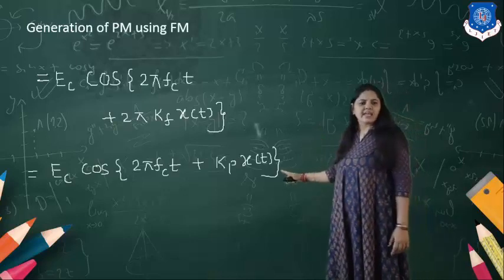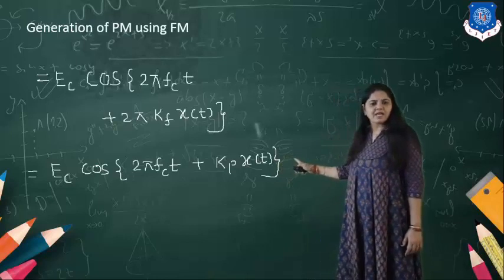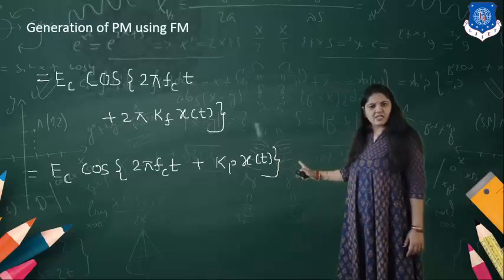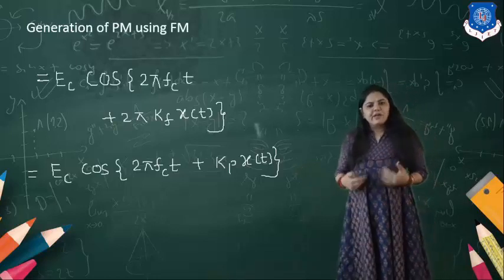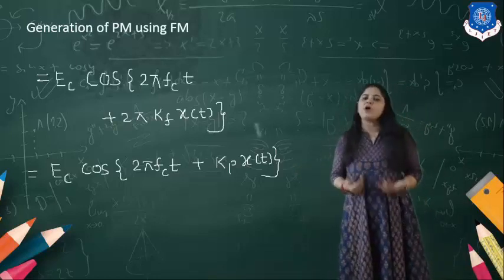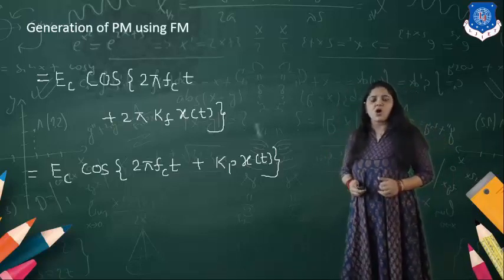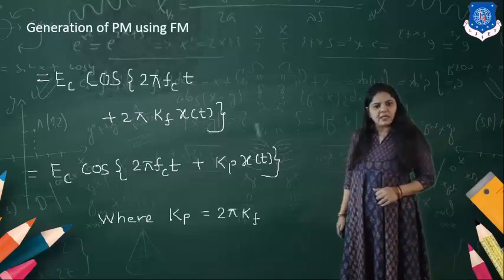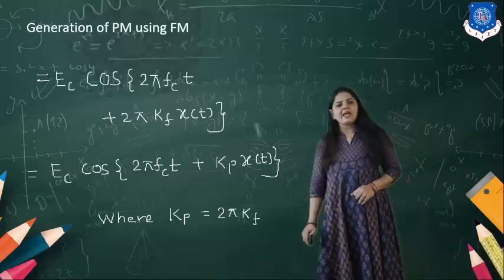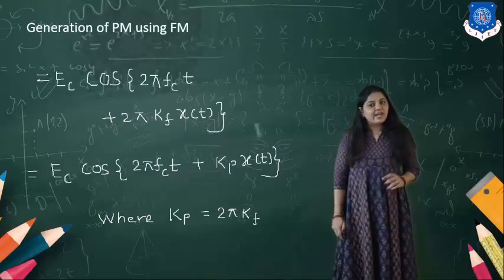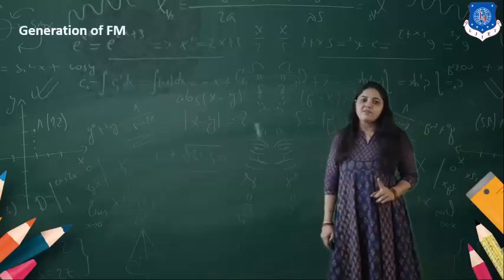So it is Ec cos(2π fc t + Kp x(t)). By varying the amplitude of the modulating signal, we may change the phase of the signal, where Kp is equal to 2π Kf, and Kf is the frequency sensitivity.